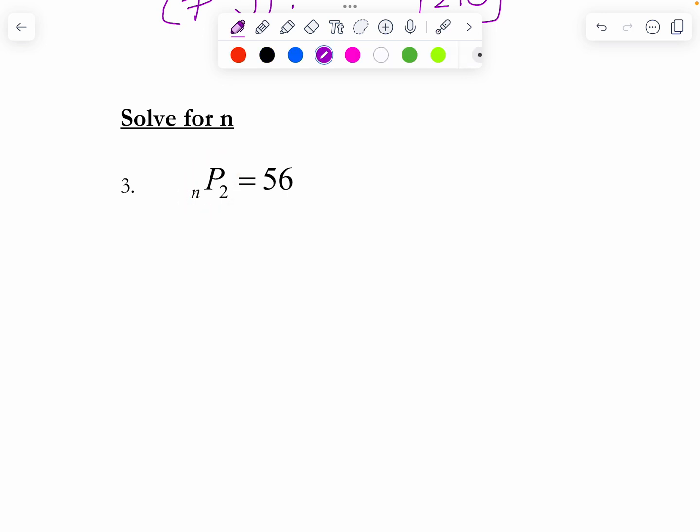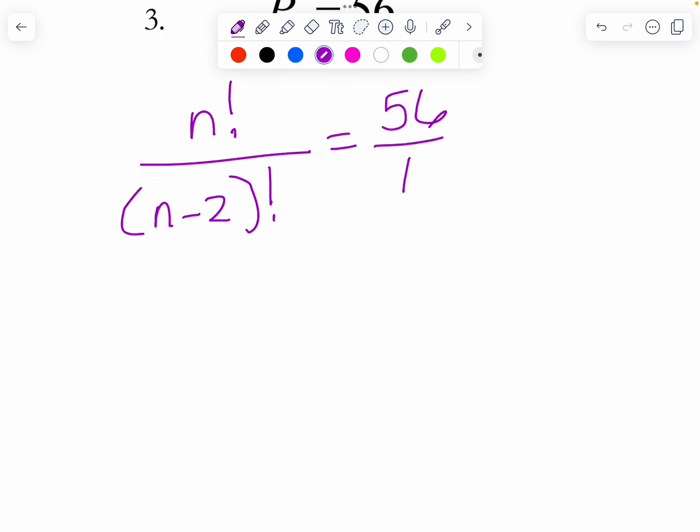So when we use the formula right here, this is going to be n factorial over n minus 2 factorial equals 56. So what I could do is cross multiply. So I could do 56 times n minus 2 factorial equals n factorial.